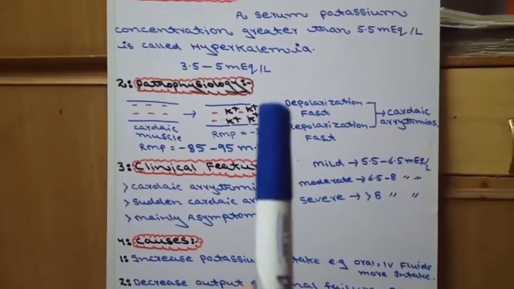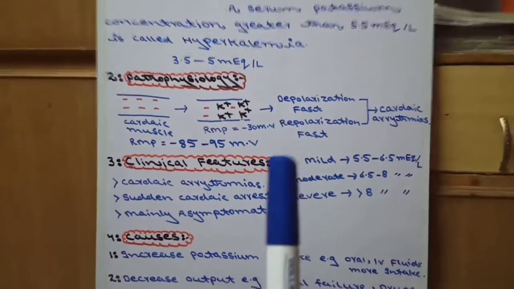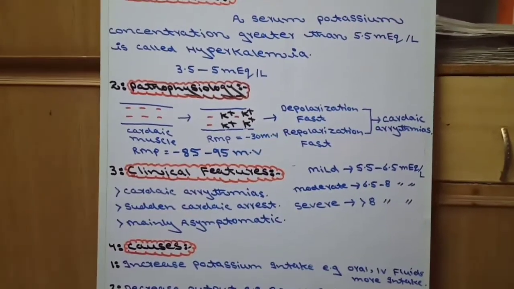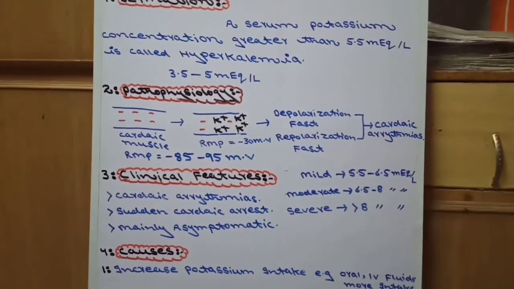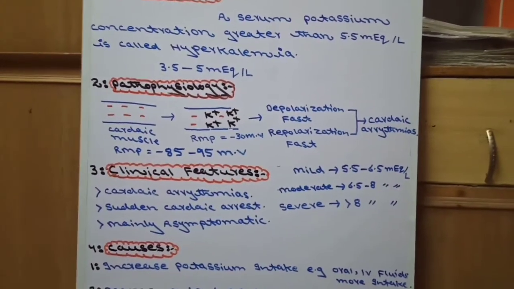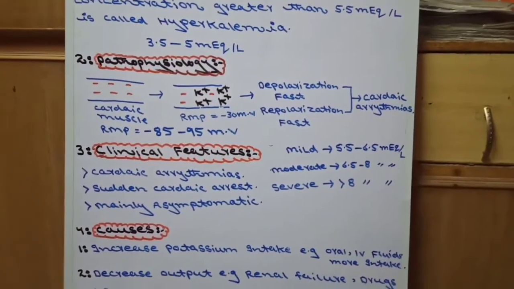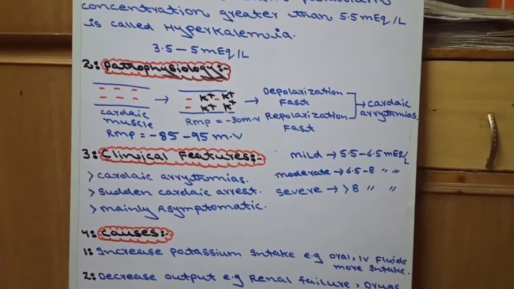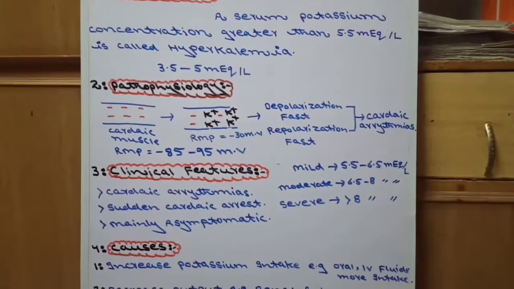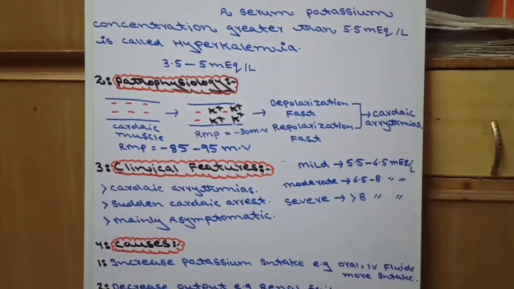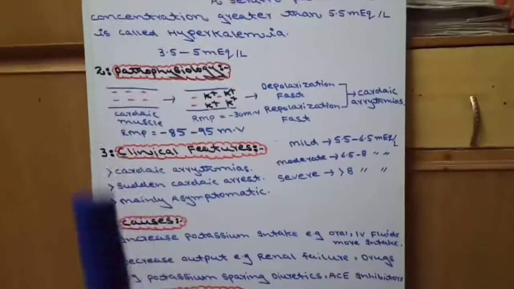When depolarization is fast, repolarization is fast, and as a result there will be cardiac arrhythmias. This is the pathophysiology of cardiac arrhythmias, because depolarization and repolarization will be fast due to more sodium accumulation inside the cell and the decrease in the negative resting membrane potential from minus 95 to minus 30. This is the pathophysiology of hyperkalemia.